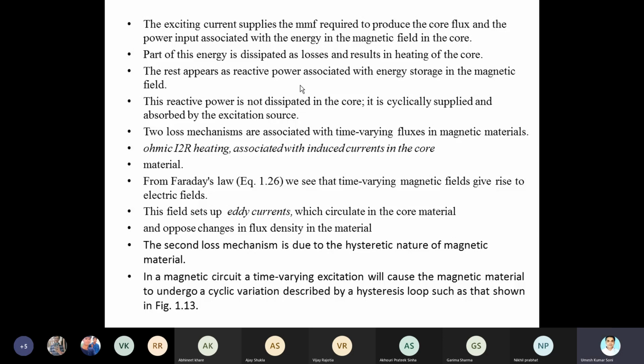I square R heating, ohmic heating, will be there associated with the induced current in the core, and there will be eddy current because, due to this current, according to Faraday's law, there will be a time varying magnetic field which gives rise to an electric field in the perpendicular plane. If we set up flux, an electric field will be induced in the perpendicular plane, and this induced electric field will provide eddy currents perpendicular to the direction of flux in the core material, okay. And this eddy current opposes the flux density in the material.